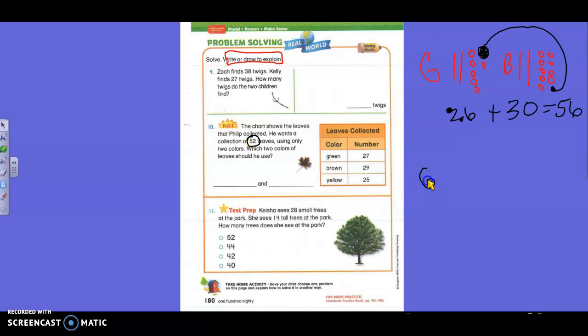Okay, so green is 27. Yellow is 25. All right. Which one has more ones? Green. So you take some from the yellow.